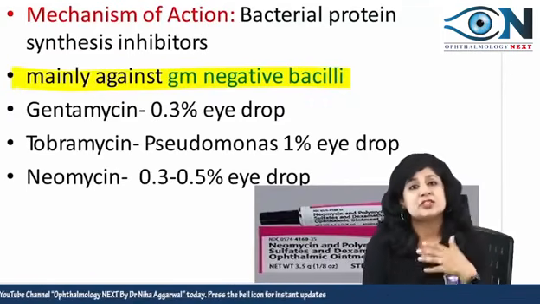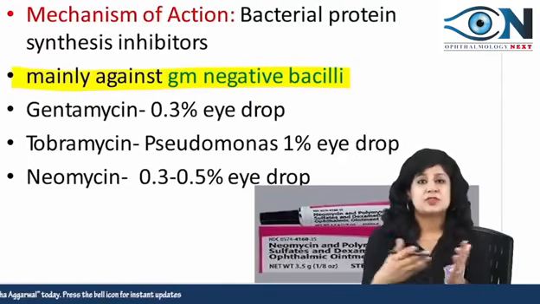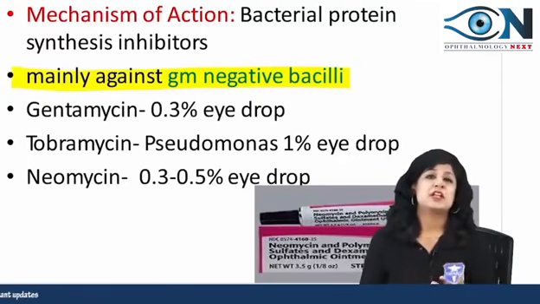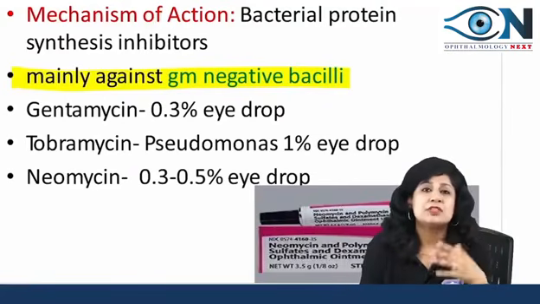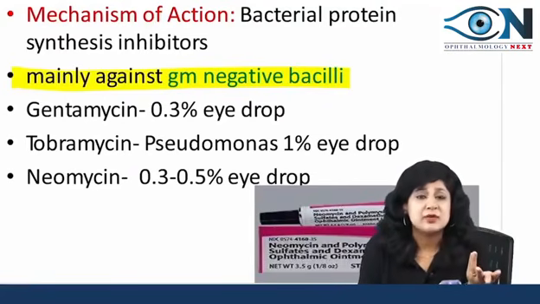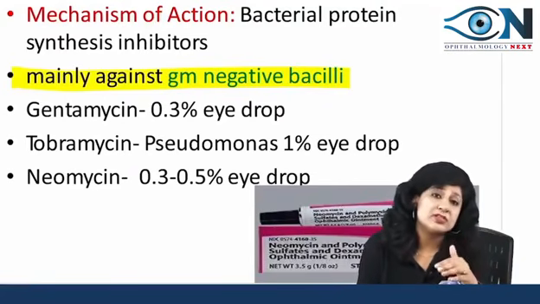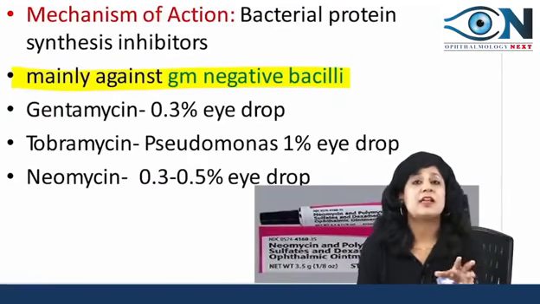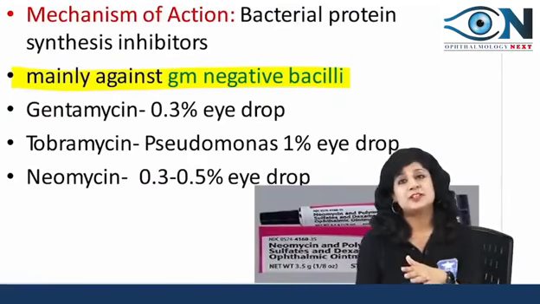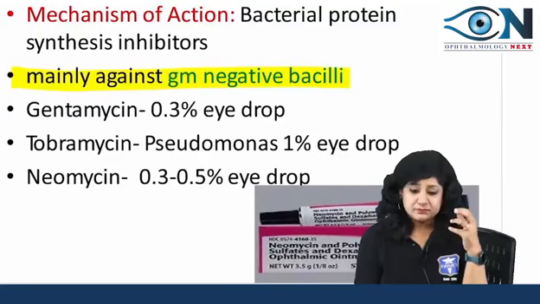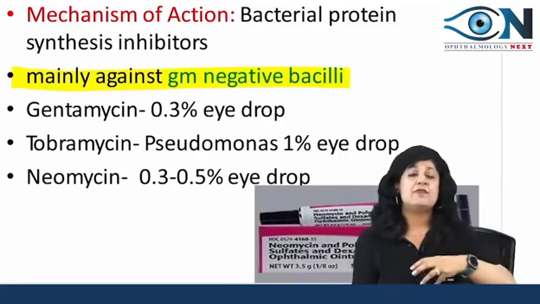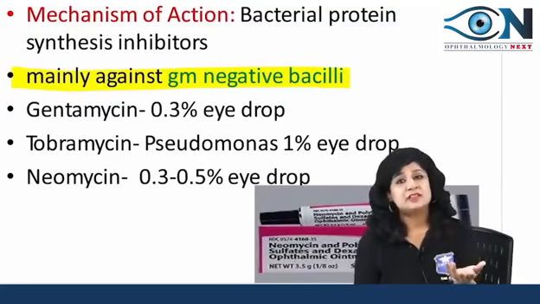Empirical treatment means you are giving the broad spectrum, both gram positive and gram negative, and you are not waiting for the culture reports, because most of the time the patient has already started some treatment, and if I want to do the culture, I will have to first stop the drugs for 48 hours, then I'll ask the patient to do the culture, and then we will be coming with the reports, and then we start with the treatment.